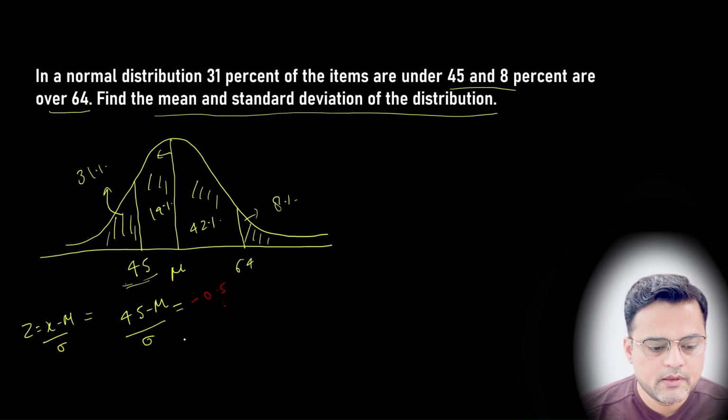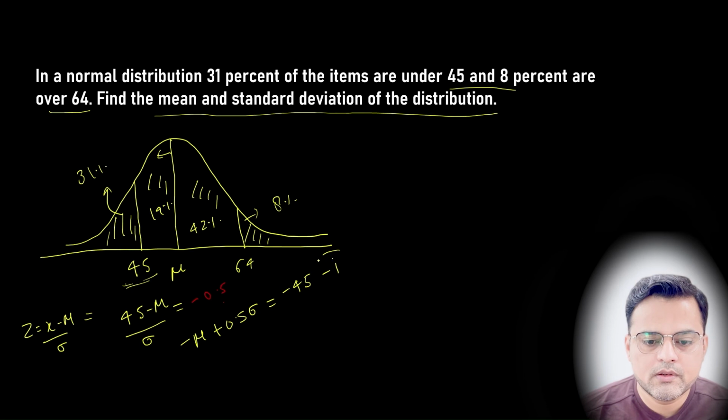So the first equation will be minus mu plus 0.5 sigma is equal to minus 45. This is my first equation. Similarly, I will get a second equation, which is z is equal to 64 minus mu divided by sigma.